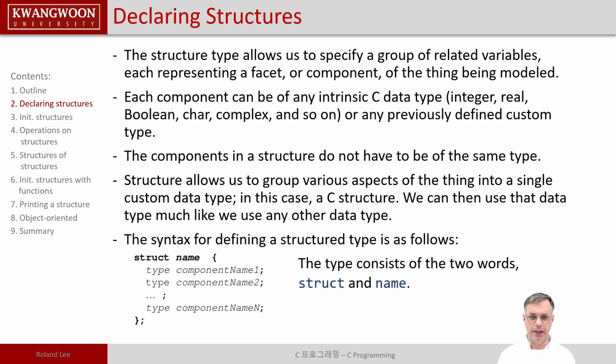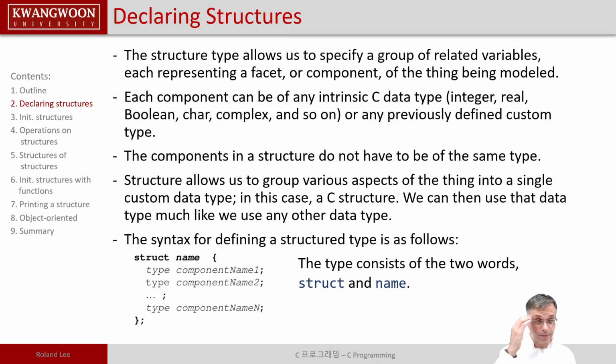The components in a structure do not have to be of the same type. Therein lies the power of the structure. It allows us to group various aspects of the thing into a single custom data type, in this case a C structure. We can use that data type much like we use any other data type.